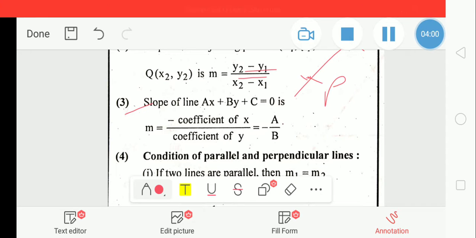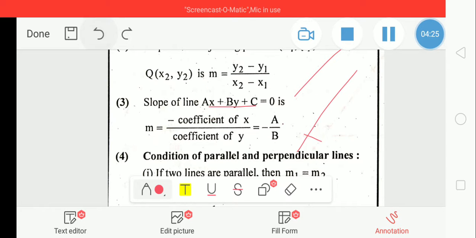स्लोप ऑफ लाइन जब लाइन इस फॉर्म में होगी, means this line is in this form ax plus by plus c is equal to 0, then m, the slope of this line, is minus coefficient of x, means a, divided by coefficient of y, means b.